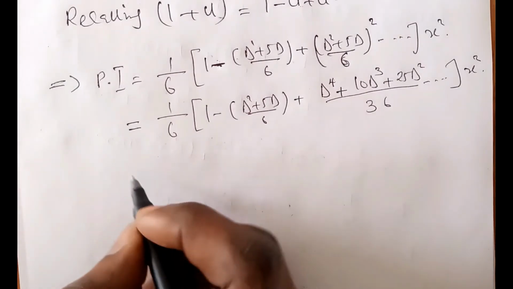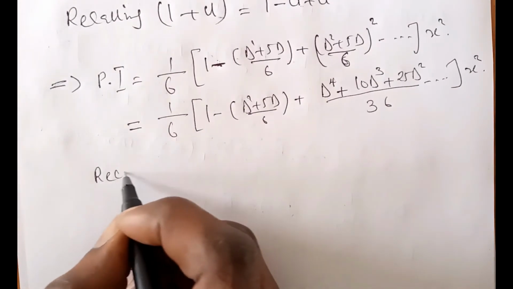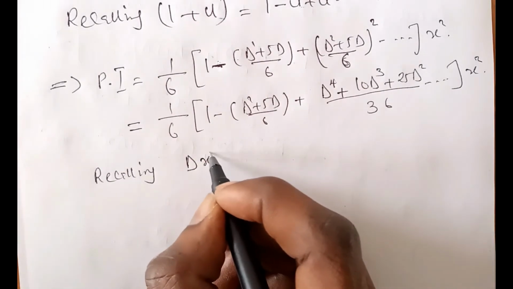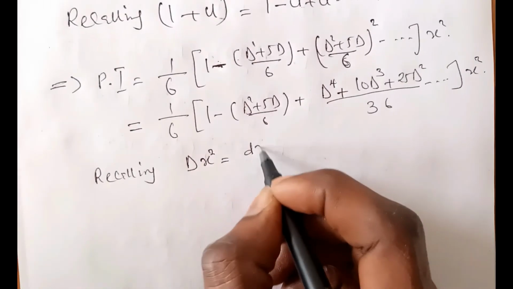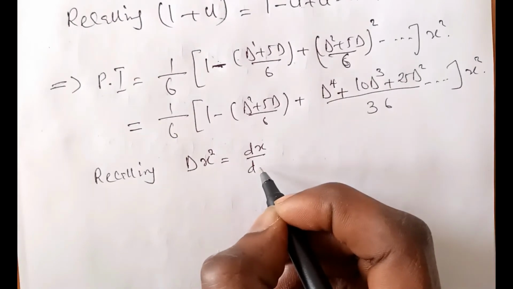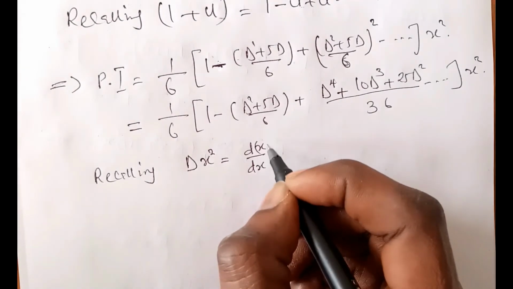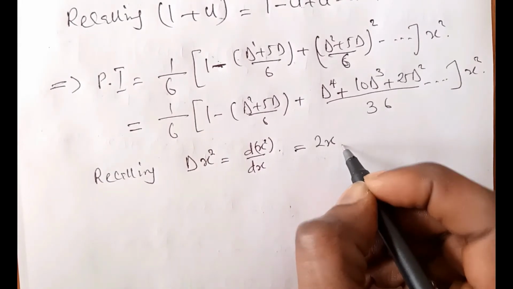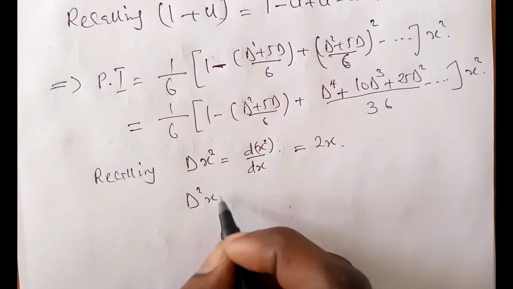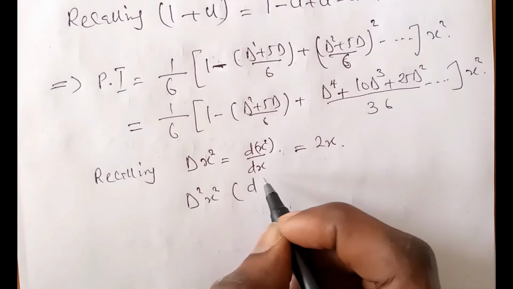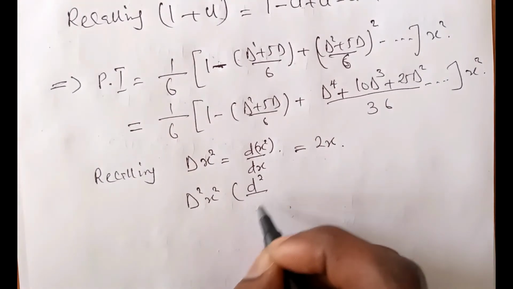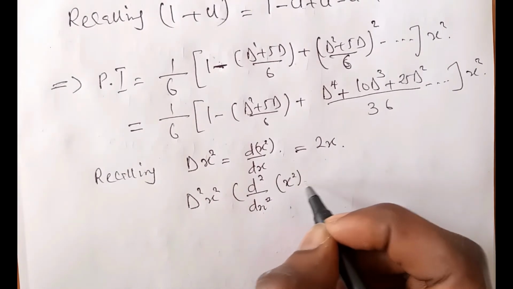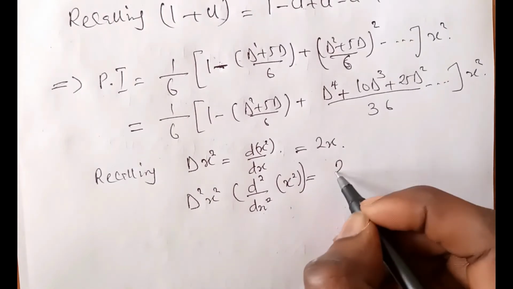And it is known that d of x squared with respect to x is 2x, and d squared of x squared is the same thing as d squared dx squared of x squared, which is equal to 2.